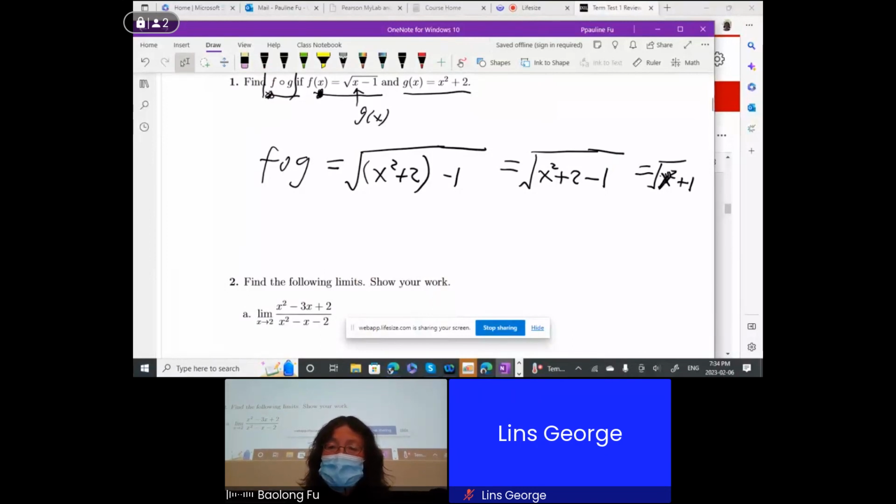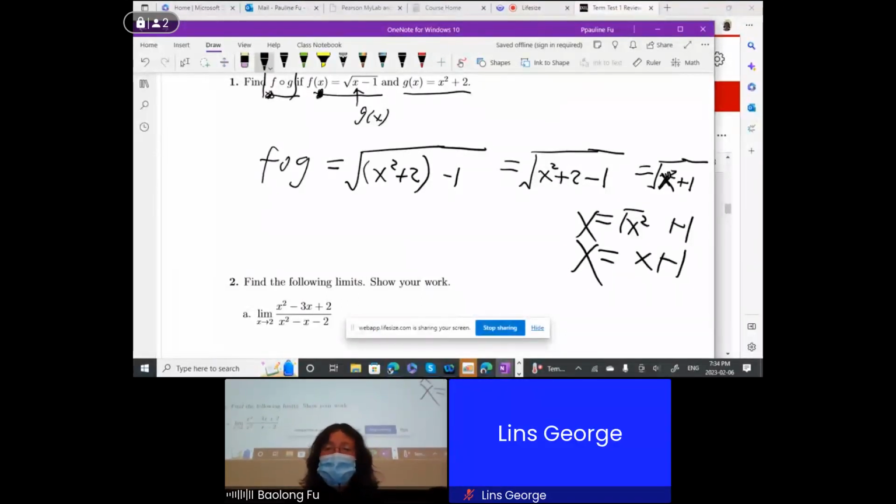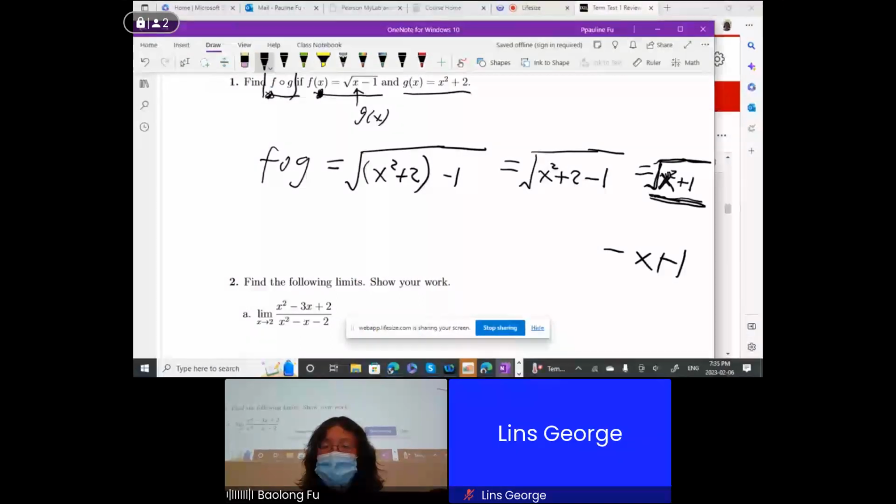The question is, can you simplify this one to this? No, no, no. Big no. Because this square root controls the whole x squared plus 1. You cannot do this. You cannot say equal to, this is a big no. Okay, thank you for asking. So this is the final result. You cannot simplify.